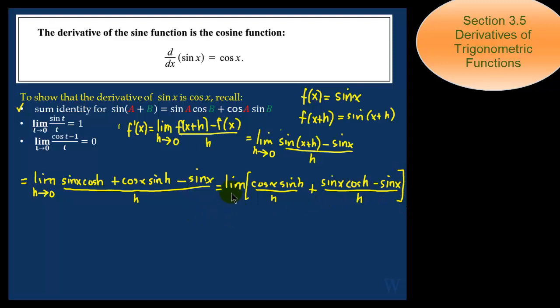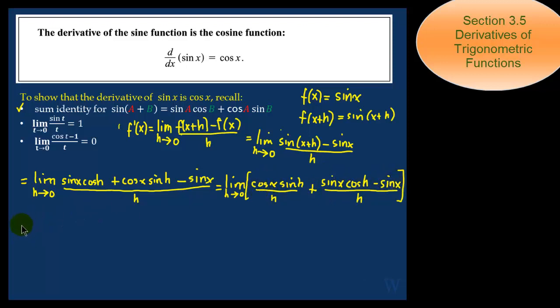Okay, now remember, what we're taking the limit is with respect to h as h approaches 0, which means cosine of x is a constant term. Here, sine of x is also a constant term.